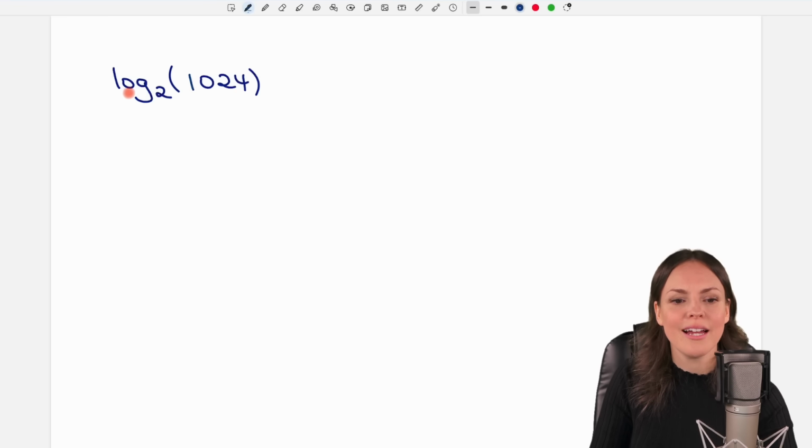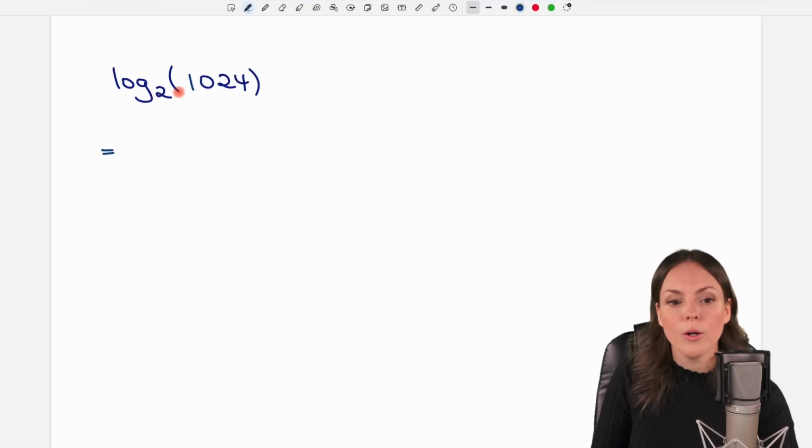So here we have log base 2 of 1024. So we have this number and this number to work with. And we want to find this result here.